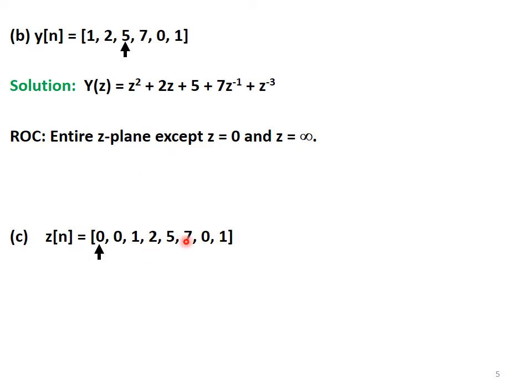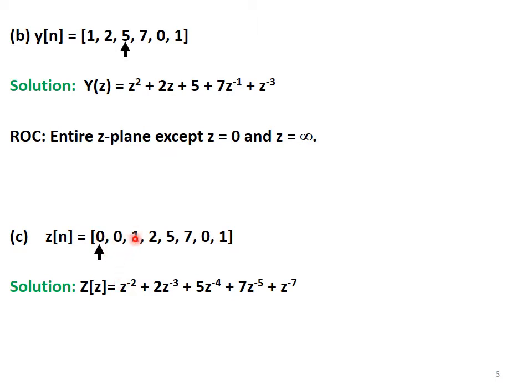Similarly, this one is a causal sequence, and from the previous example we can expect that the region of convergence for this kind of sequence should be the entire z plane except z equal to 0. So let us find out Z of z, which is equal to z power minus 2, because the coefficients of z power 0 and z power minus 1 are 0.